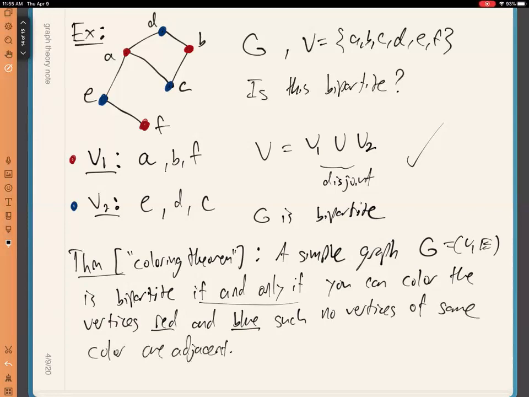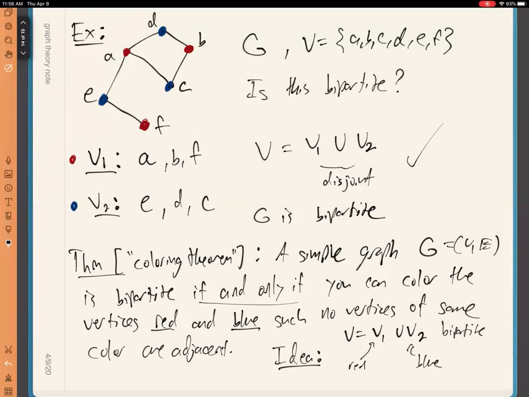Right, and so we saw why this was the case in the last example. What's the idea of the proof, which is basically the full proof? Let's say we first know that the graph is bipartite. So if I have a partition V1 and V2, you can just label all of these red and label all of these blue, right?